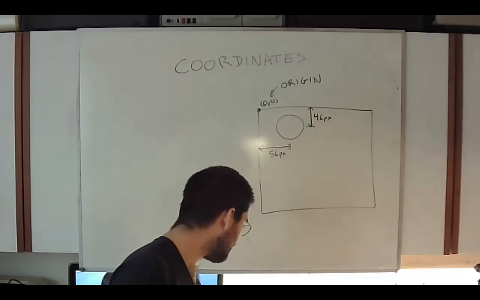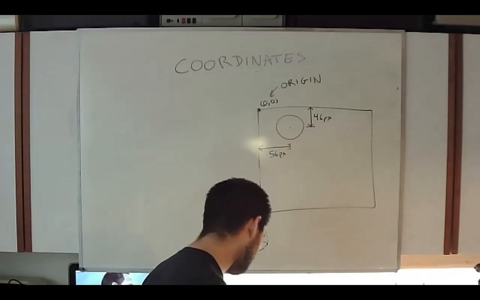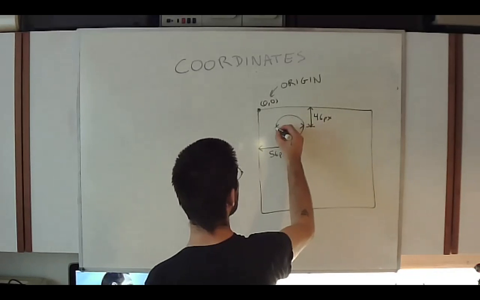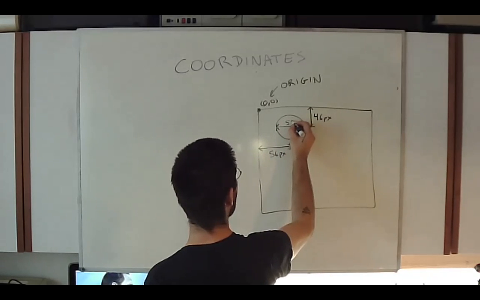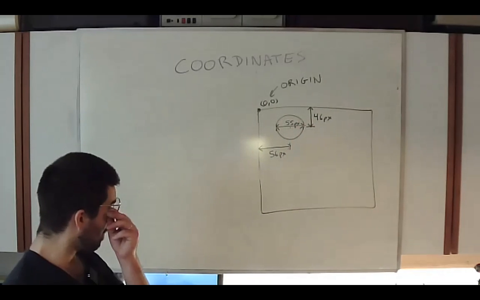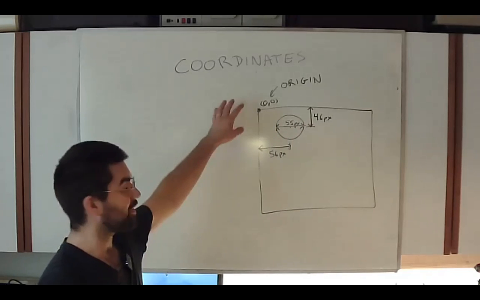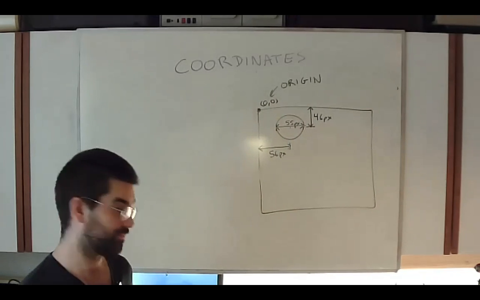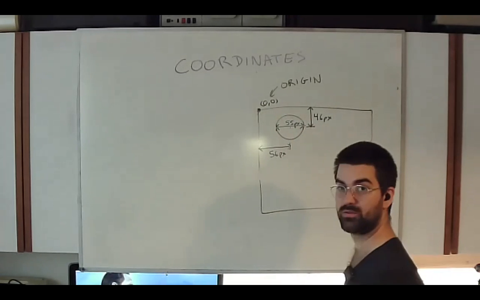And then we have the width and height, which in this case are equal, and that means that the diameter of this ellipse is 55 pixels. So yeah, basically just remember that we're always starting from the top left of our canvas for our coordinates.